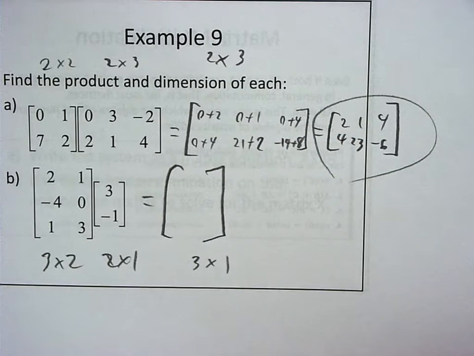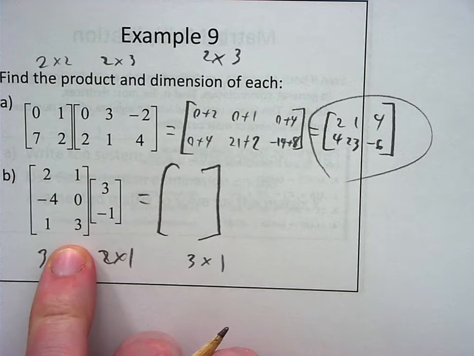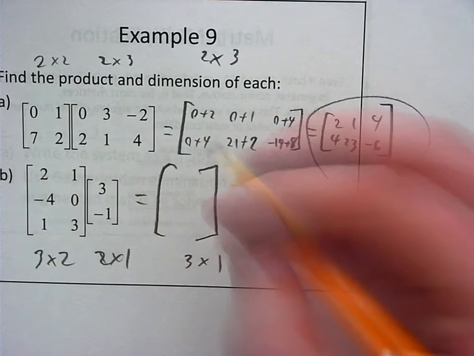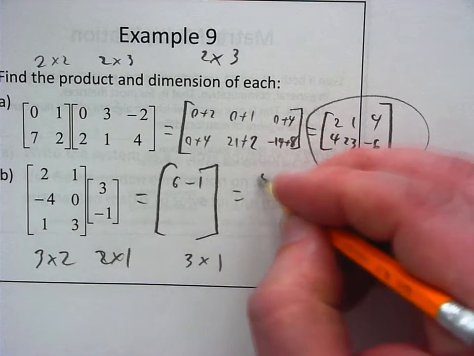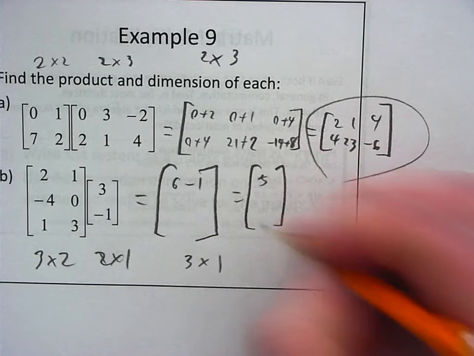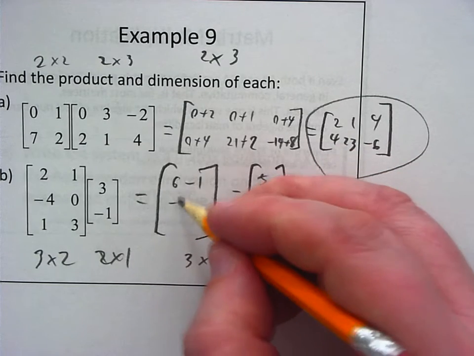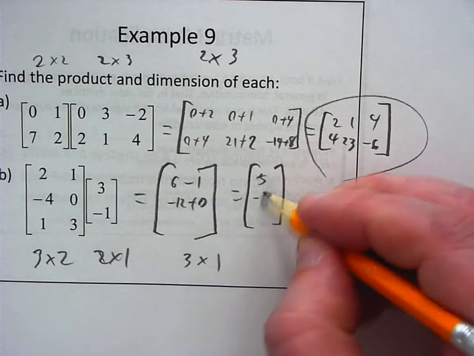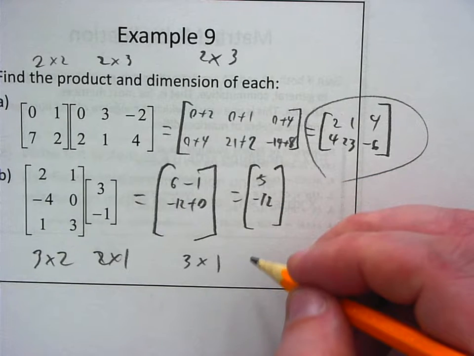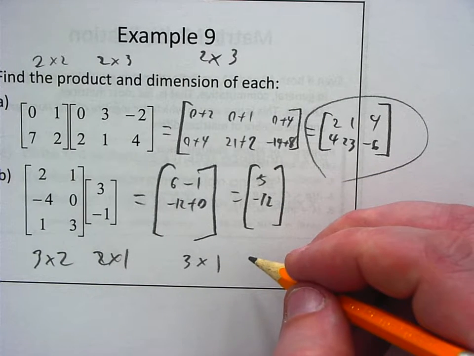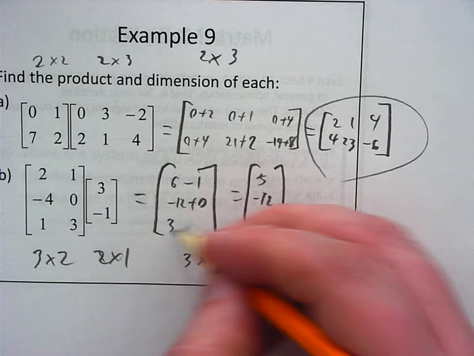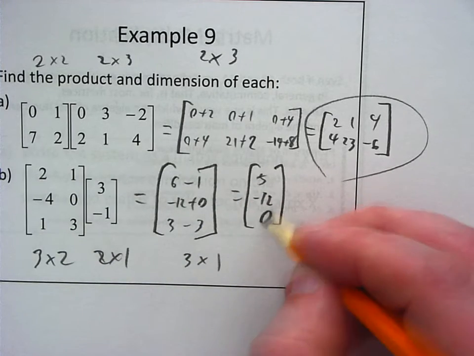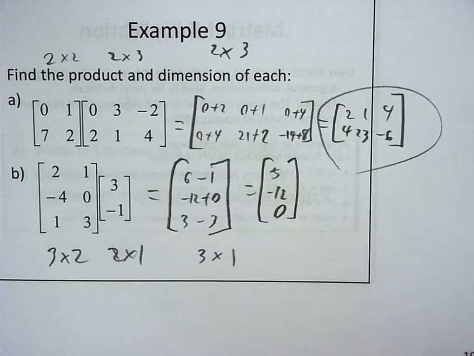Yeah, it'd be 6 minus 1, so 5. Center? 12. Bottom? 3 minus 3 is 0. Okay.